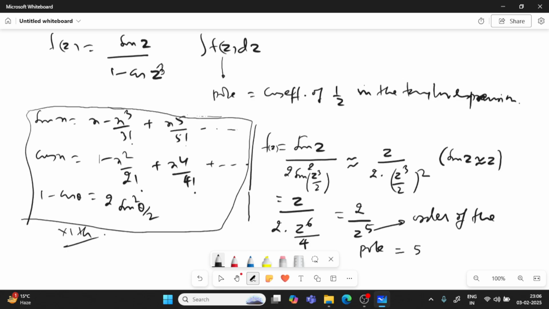So we have a pole of order 5. What we have done here is find the order of the pole from the Taylor expansion of f(z), and it is the required order of pole. Now let us move ahead and see what we can do.